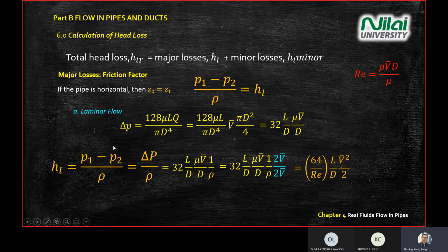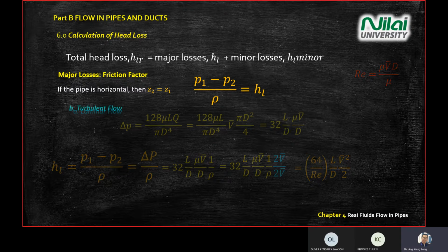Again, these equations are for laminar flow only. Before you start to solve a question, it's always good practice to start with finding the Reynolds number first. Mention what type of flow you have, do the calculation, and after you do all the calculation, confirm that the flow is laminar flow. So this is the way we solve for chapter 4.